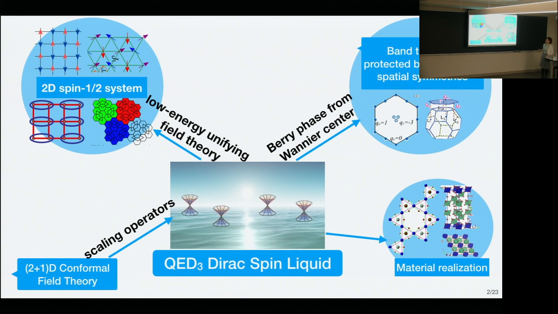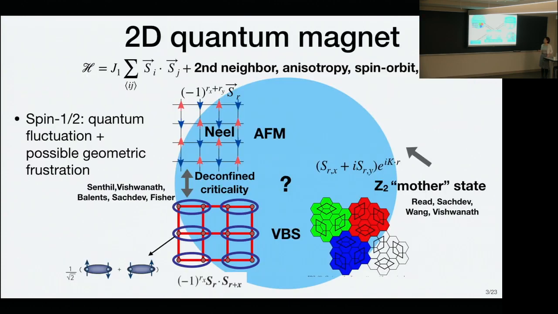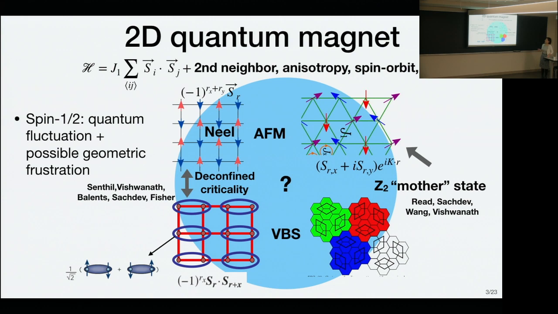And also, I'll briefly talk about recent progress in material experiments that reveals promising candidates to realize Dirac spin liquid in the lab.